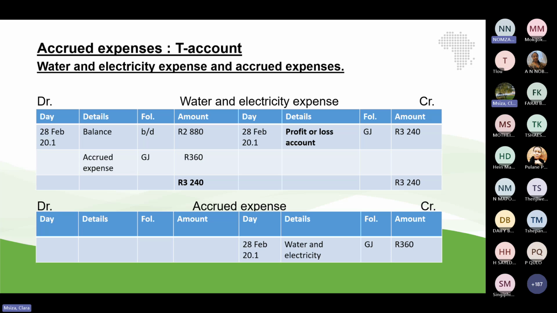Am I correct to say that? Yes. Meaning that we need to include this in our profit and loss as an expense for that financial period. Hence, our expenses were underestimated and our profit was overstated. Patient, are you happy? Okay, thank you. I will close the mics.